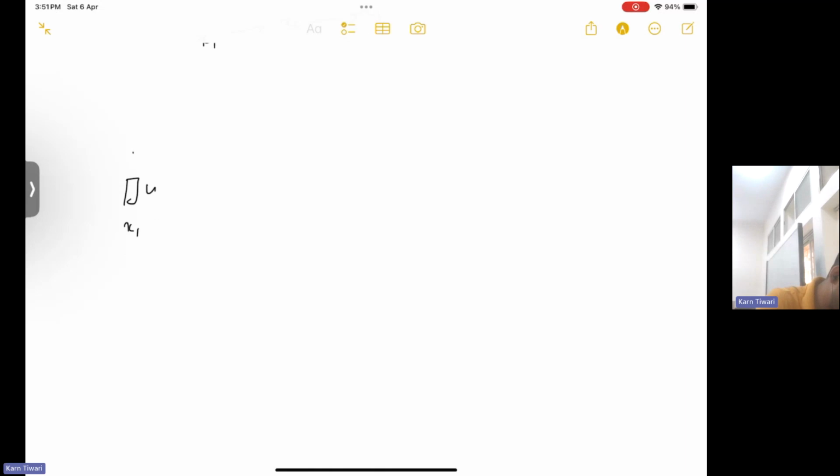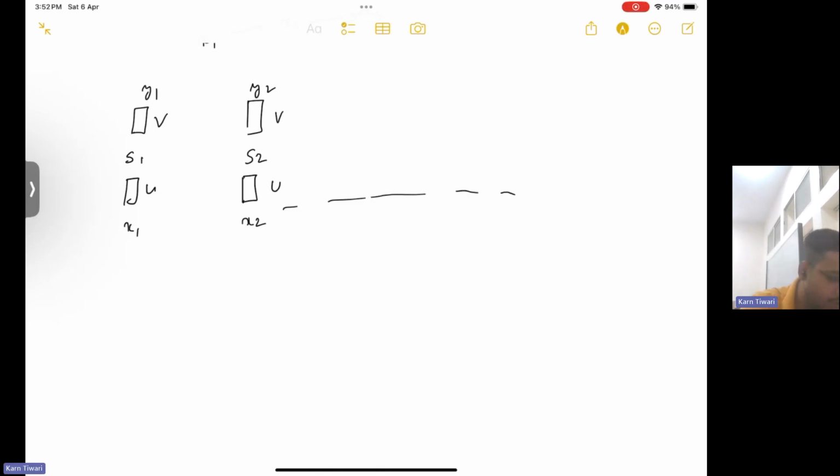And it will be giving you s1 as output, and then v will be giving you y1. Similarly, we'll be having x2 going into u, and it will be giving you s2. What this s2 and all are, I will be stating shortly. So basically like this, we are given a sequence.